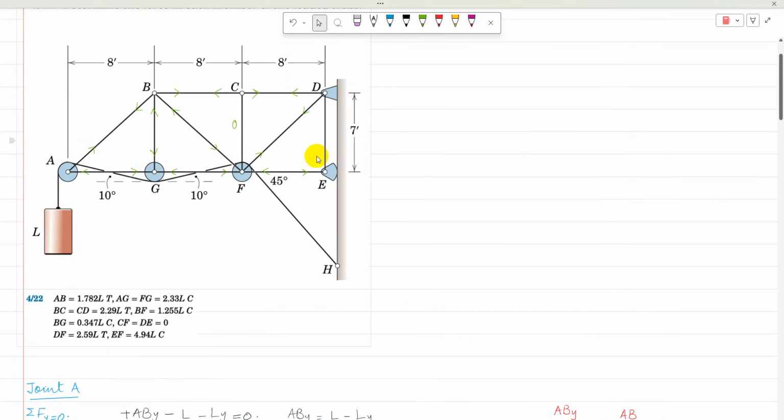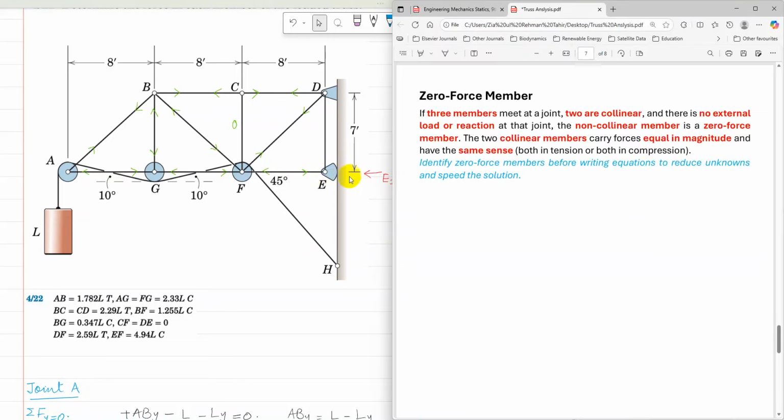Now the last member force is DE, and joint E is a roller support. As joint E is a roller support, the unknown is Ex. Joint E is a three-member joint, and it has two collinear members, FE and EX, so they are equal.